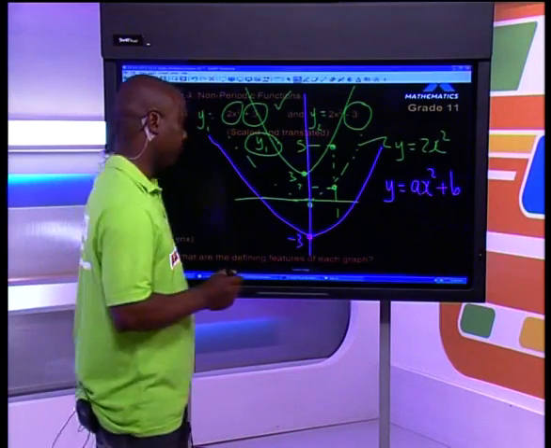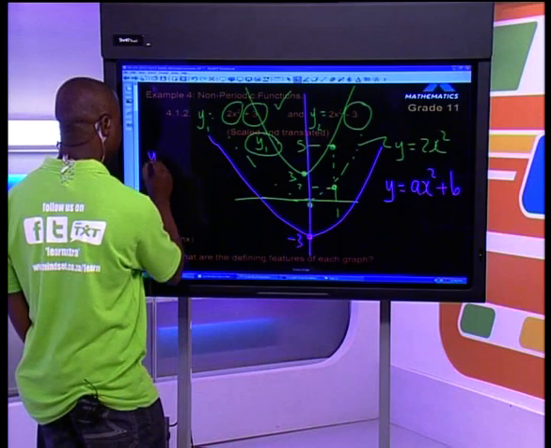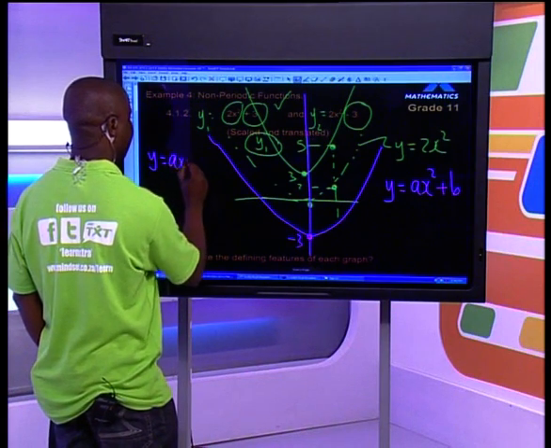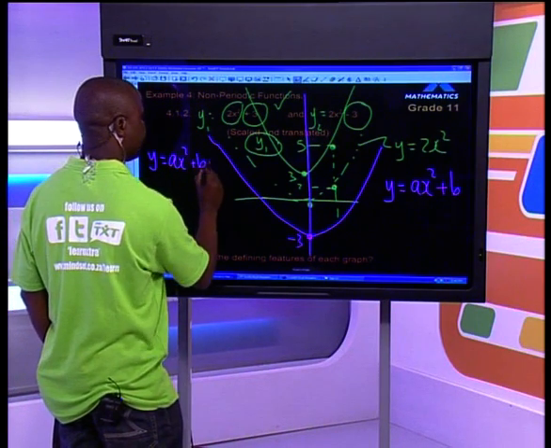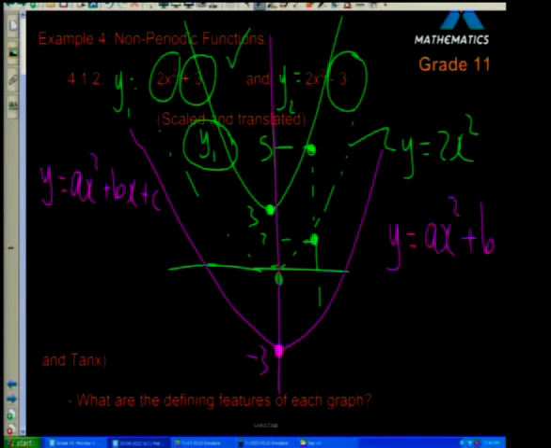It's a trinomial. So it would have been y equals ax squared plus bx plus c, but you just don't have this middle term. So let me just represent this one so that you at least relate to these symbols. So in this case, what you then have is just ax squared plus c. The b term is not there.